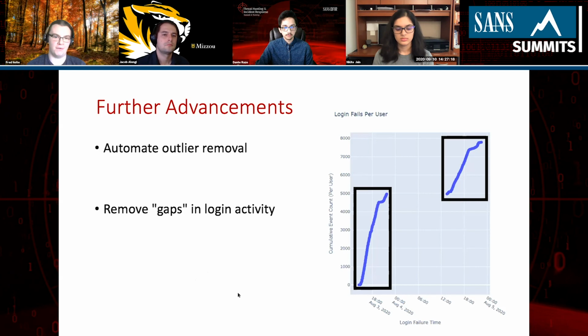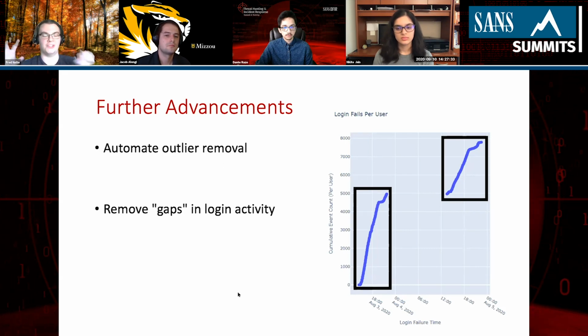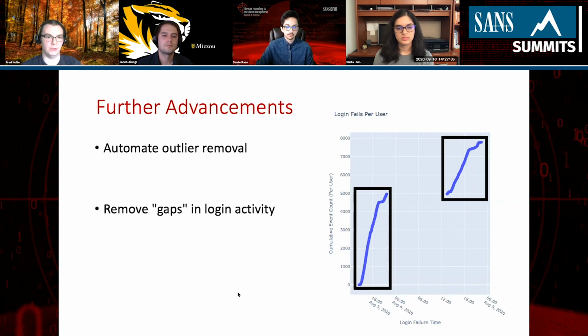If we found a way to split these up into 2 separate users, you can think of them almost, then our stats are all of a sudden going to get a lot more consistent, right? So this is what Dante and Nikita and Jacob alluded to with our stats getting bloated because of real login activity being interspersed with our password spray.